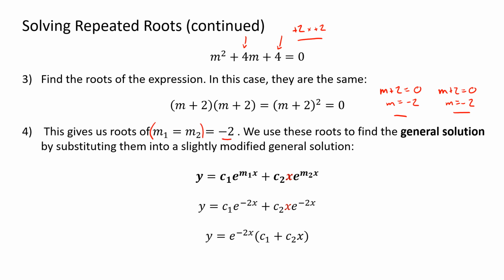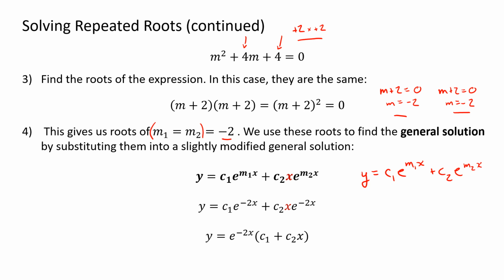And our general form of the equation doesn't change. The only thing that does change is because the roots repeat, the second term is multiplied by x. Okay, so remember the original version was y equals c1 e to the m1 times x plus c2 e to the m2 times x.